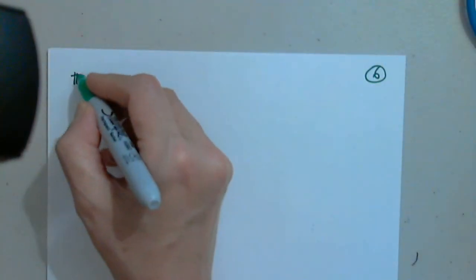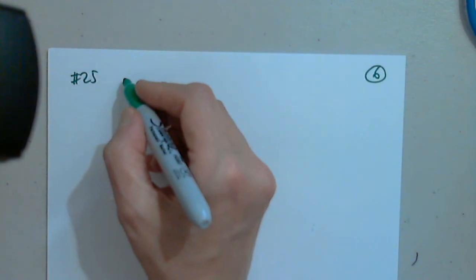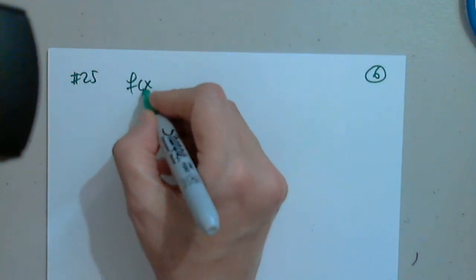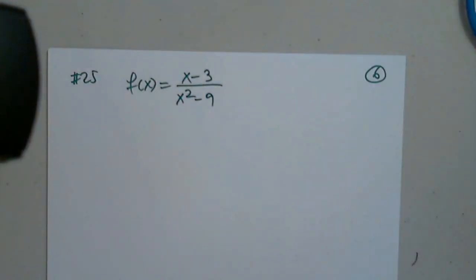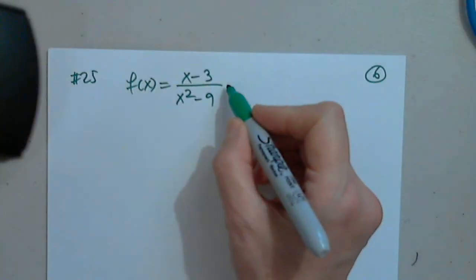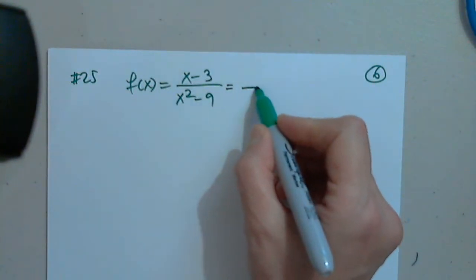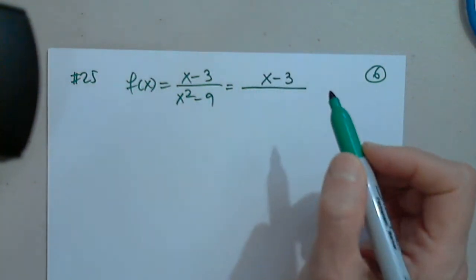Okay, let's look at 25. And this is f of x equals x minus 3 over x squared minus 9. Good. So can anyone, first of all, tell us how to factor the denominator? That's the key here.